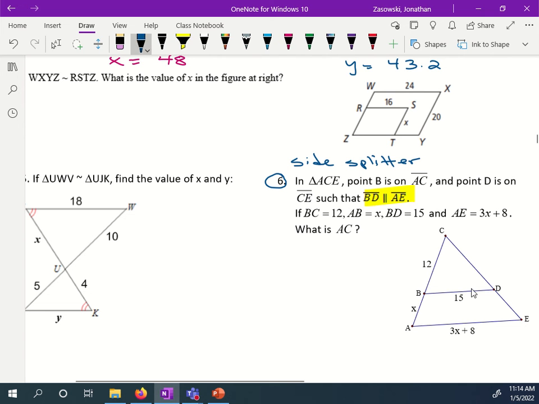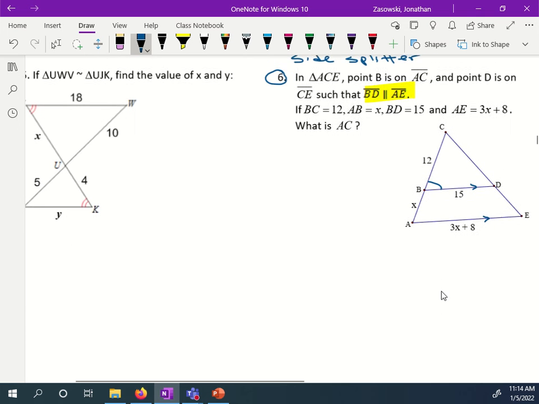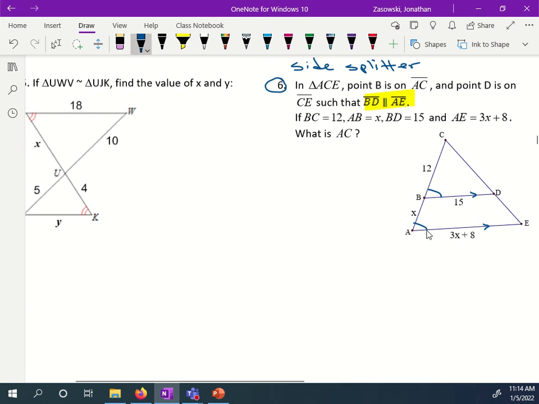So even if I didn't know the theorem, I could answer this question. If these lines are parallel, lines create congruent angles, right? What angle pairs are equal? This angle CBD would be the same as A, right? This angle at CDB is the same as E, and this angle is actually being shared between these two triangles.